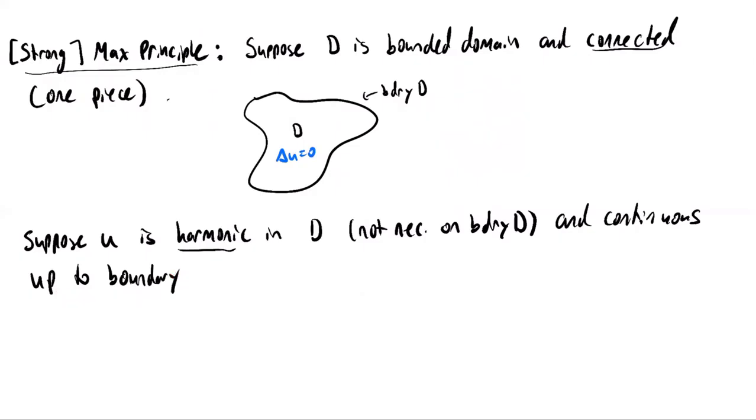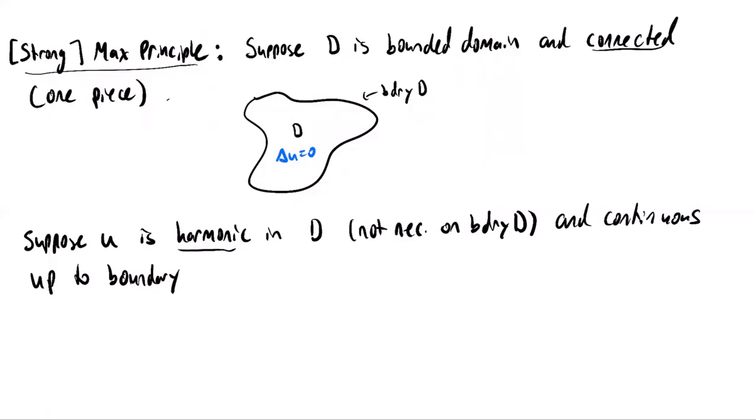That just means that if I consider a sequence of points converging to the boundary, and I look at the values of my solution at those points, then this should continuously converge to the value at the limiting point on the boundary. It's just the standard definition of continuity, but I want to allow my input to change in the domain, and the values of my function should vary continuously up to and including the boundary.